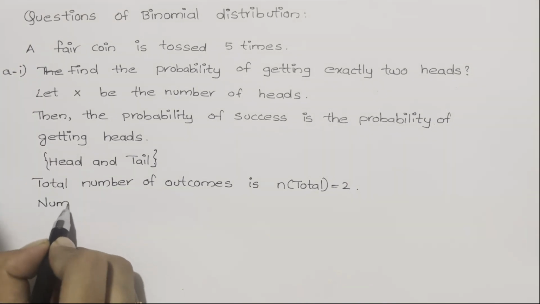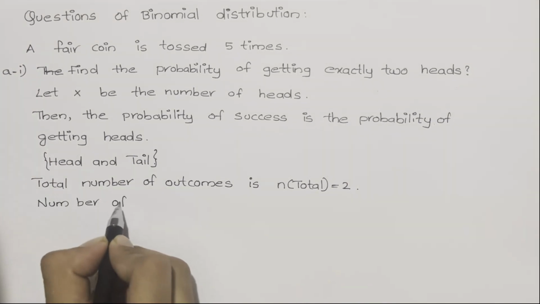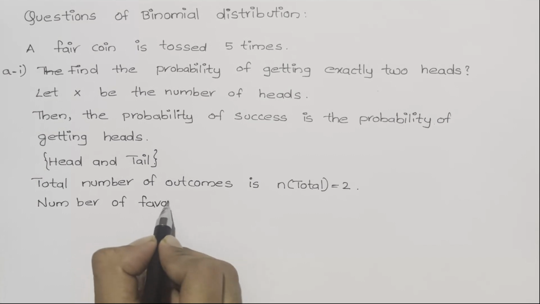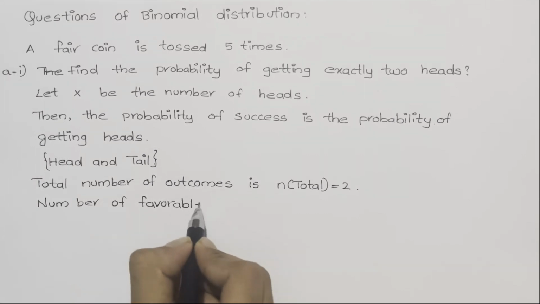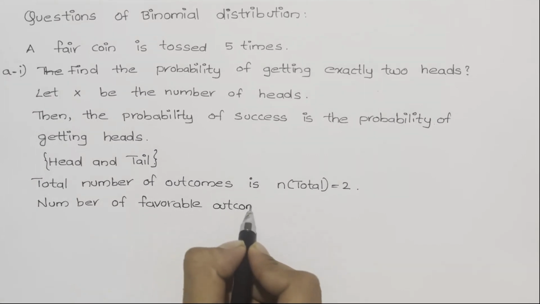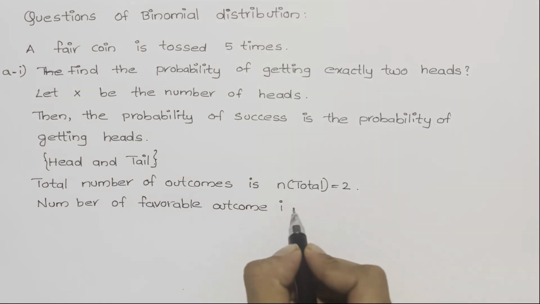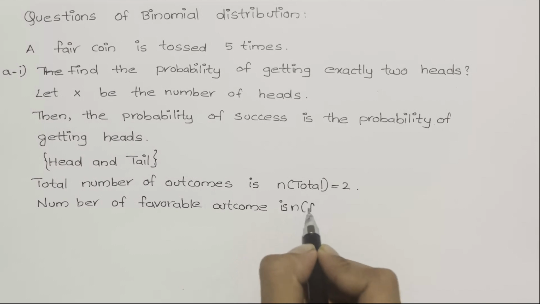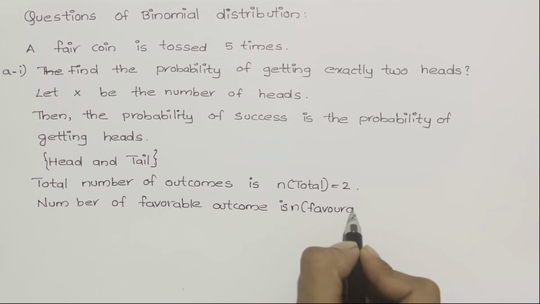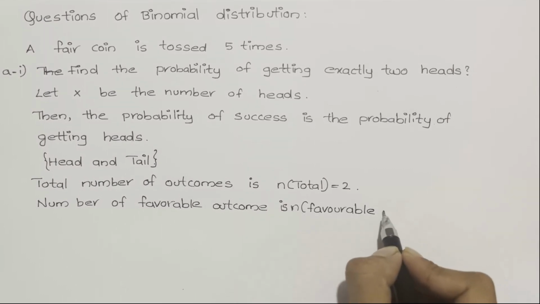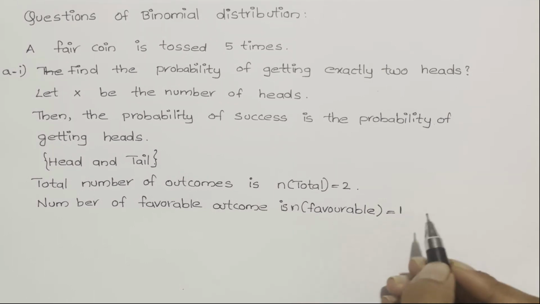Number of favorable outcome. Favorable outcome is the number of getting head is one.